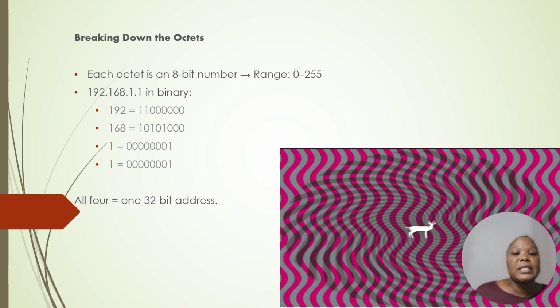For example, as you can see, the 192 has a 1, and then it has 1, 2, 3, 4, 5, 6 zeros, and then the next segments, as you see in there, until the 1. When we put all of this together, we get 32-bit addresses that are easy for both people and computers to understand.